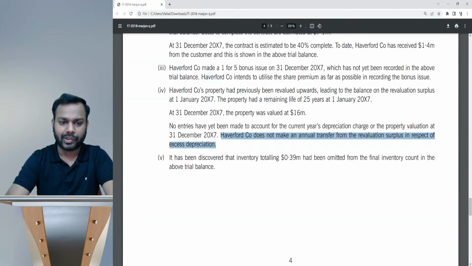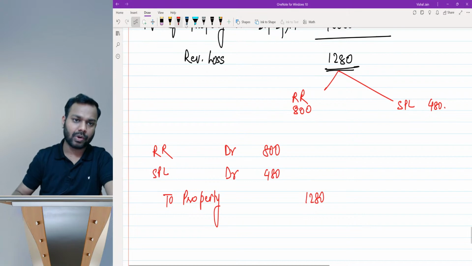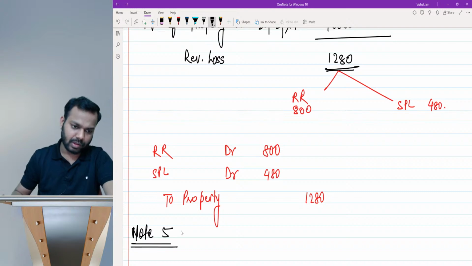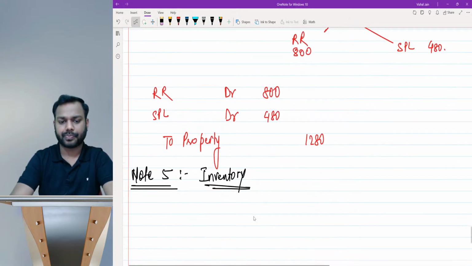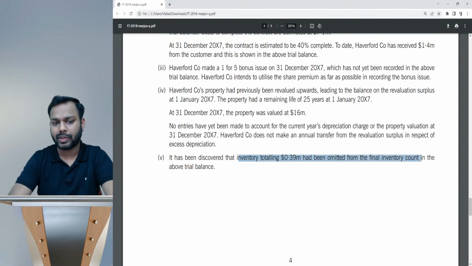Now what is the fifth adjustment? Let me write note 5. This is relating to inventory. What is note 5? It has been discovered that inventory totaling $0.39 million has been omitted from the final inventory count in the above trial balance.